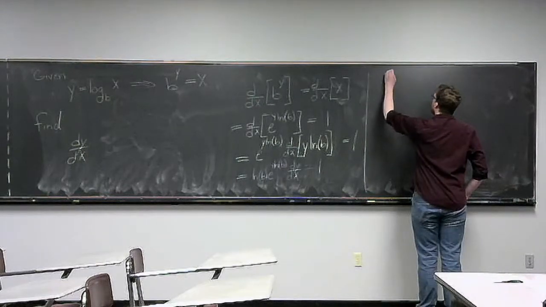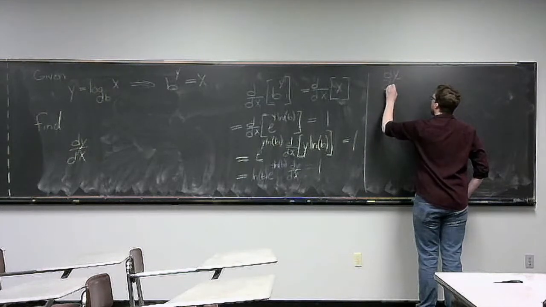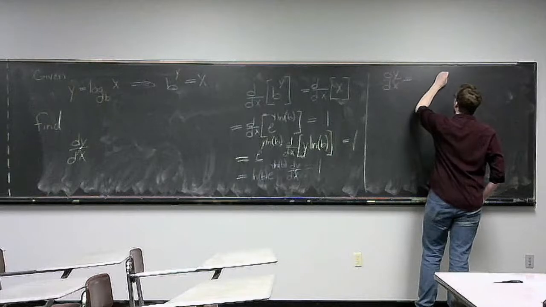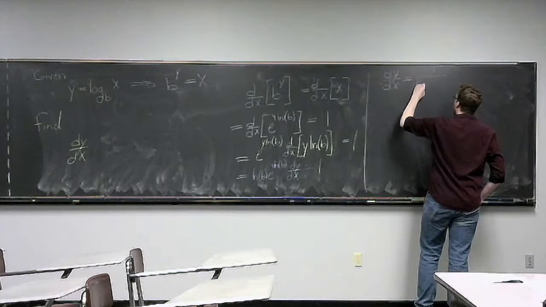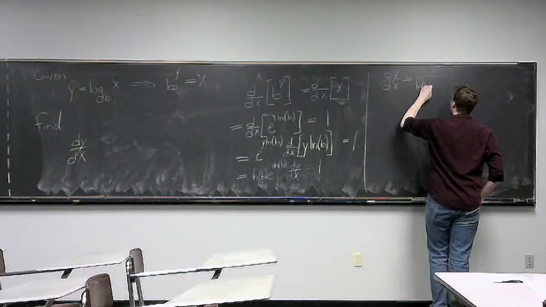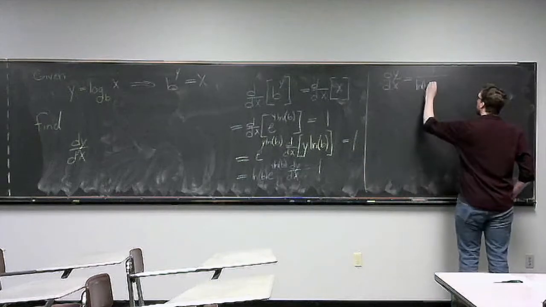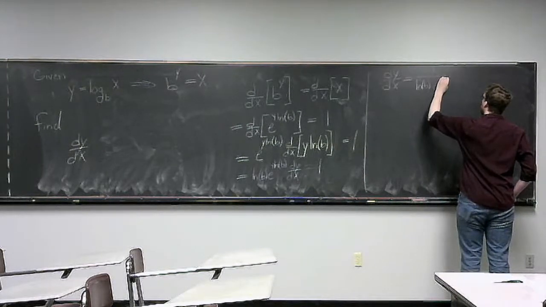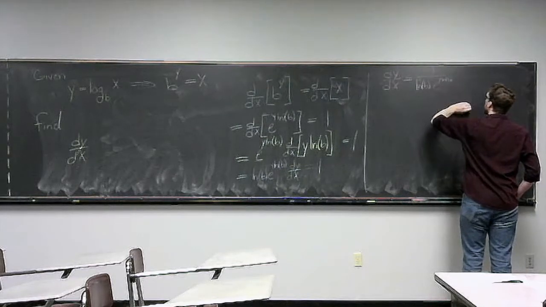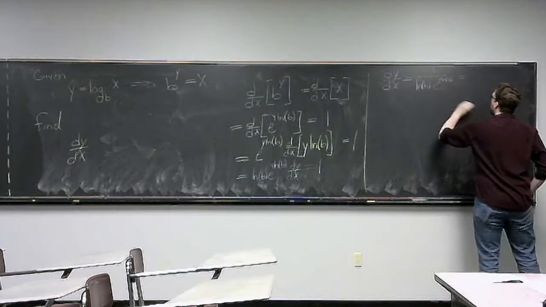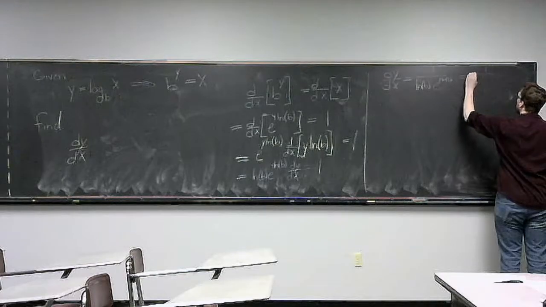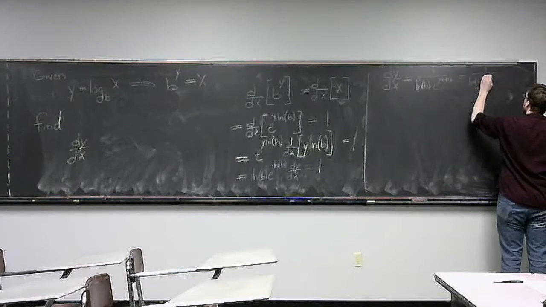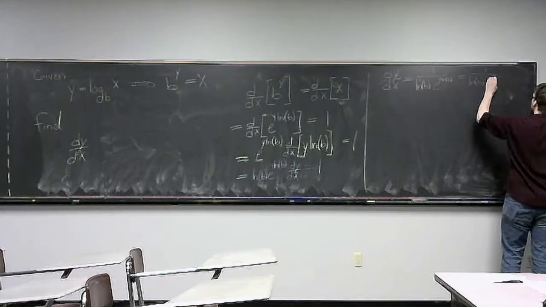We're going to have dy dx is equal to 1 over the ln of b times e to the y times ln of b, which we can rewrite as 1 over the ln of b times b to the y.